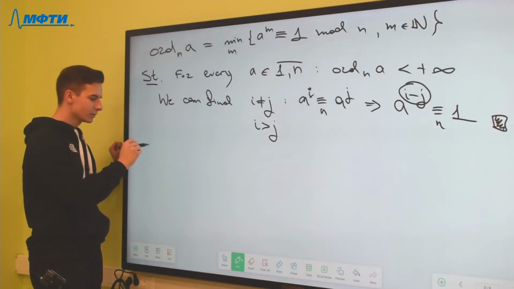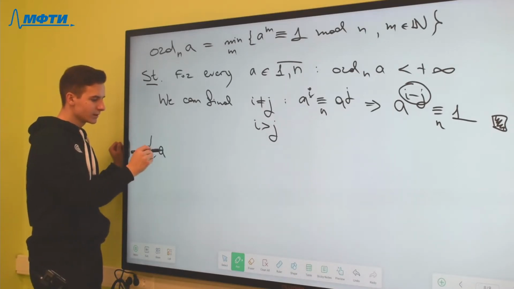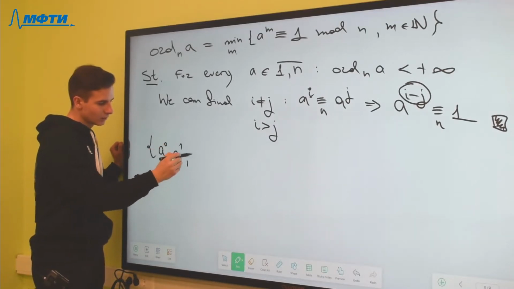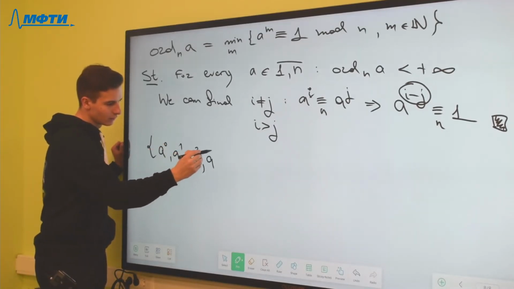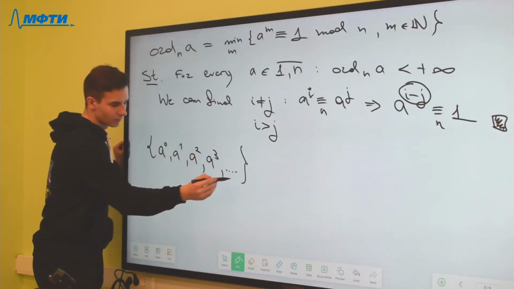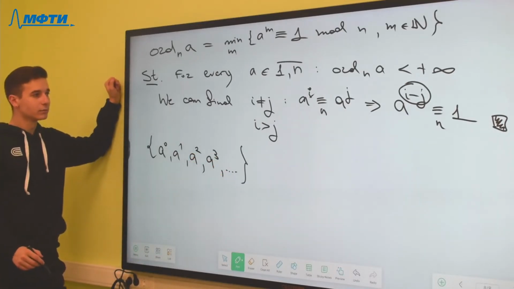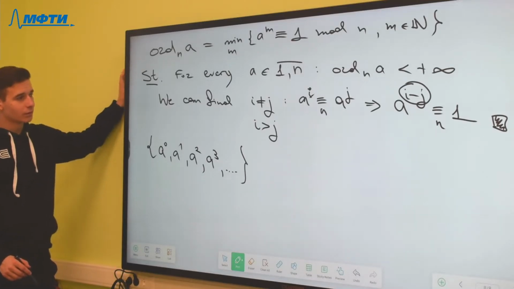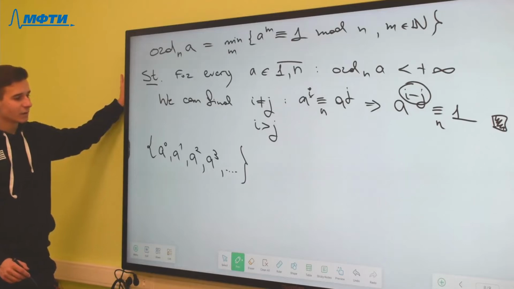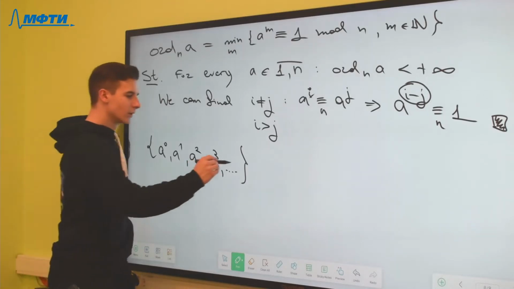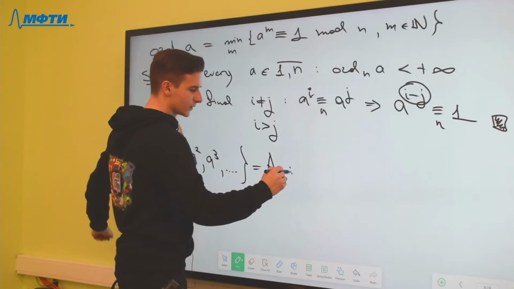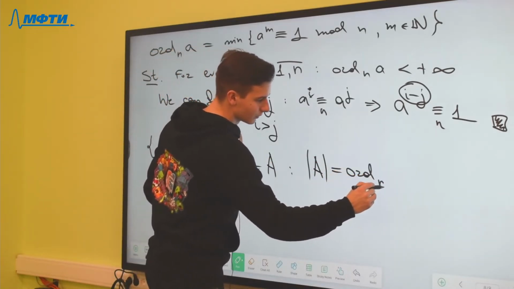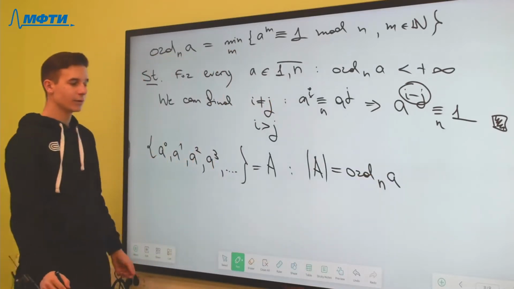If we try to understand what is the set of a to integer powers, we find that it is a finite set such that number of elements is equal to order of a.